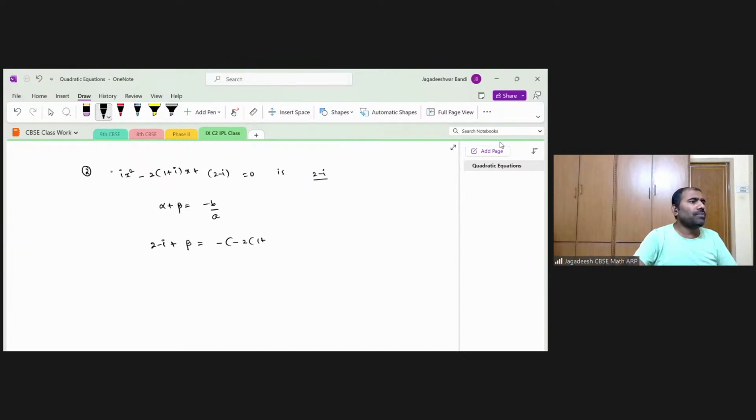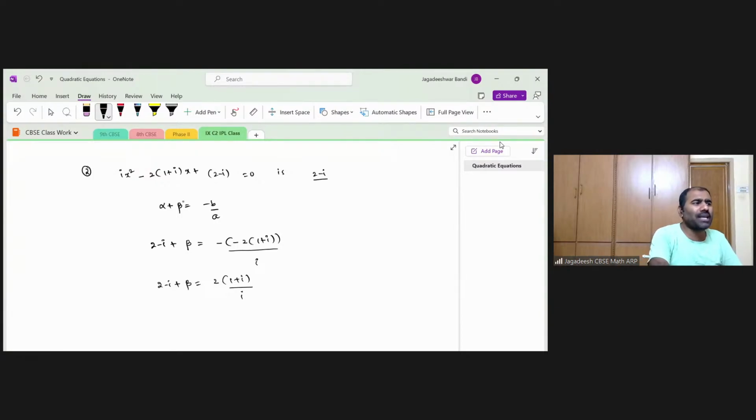Minus 2 into (1 plus i), divided by the x square coefficient, that is a, which is i. So 2 minus i plus beta equals minus into minus is plus, (1 plus i) by i.